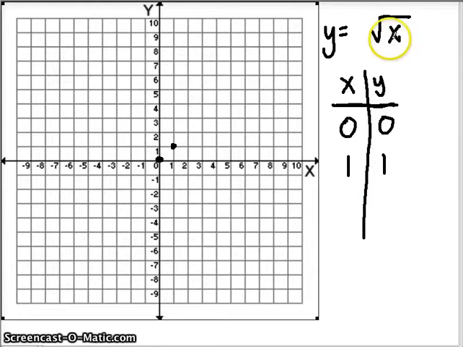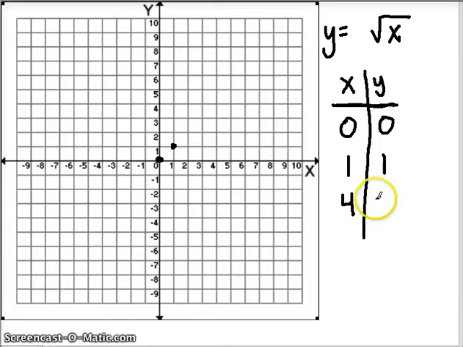I don't want to use 2 because the square root of 2 is a decimal value, and that's a little trickier to graph, so I'm going to want to use something that is a perfect square. So 4. If I input 4, the square root of 4 is 2. So at 4, 2, another point on our graph. And I'm going to come up with one more here. If I input 9, another perfect square, I get 3 as the square root. So at 9, 3.